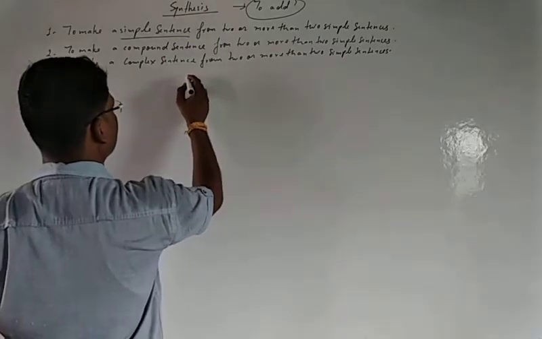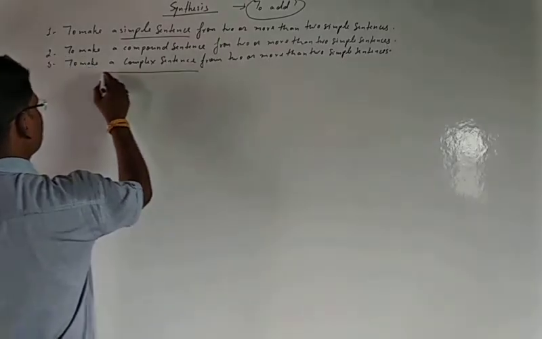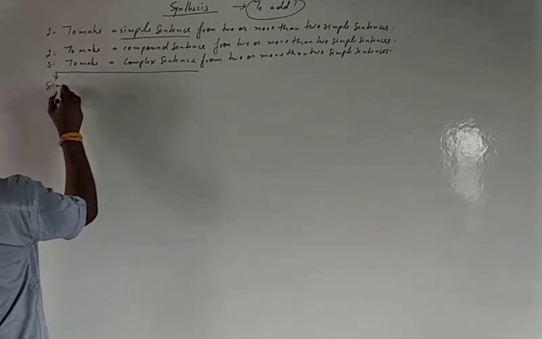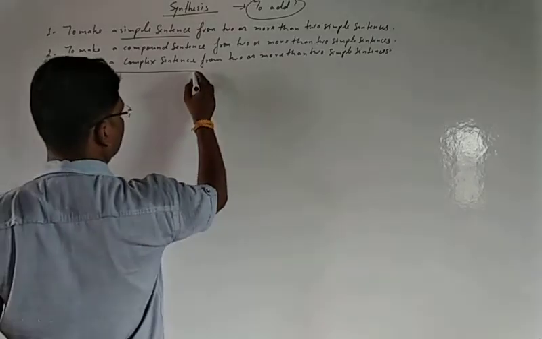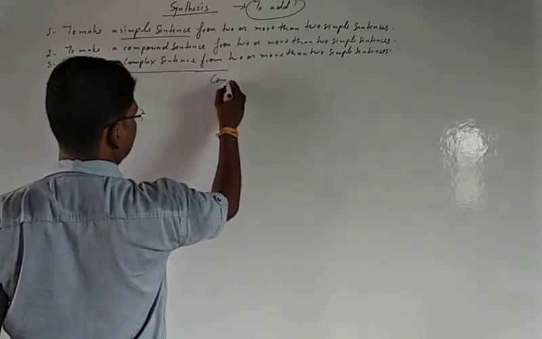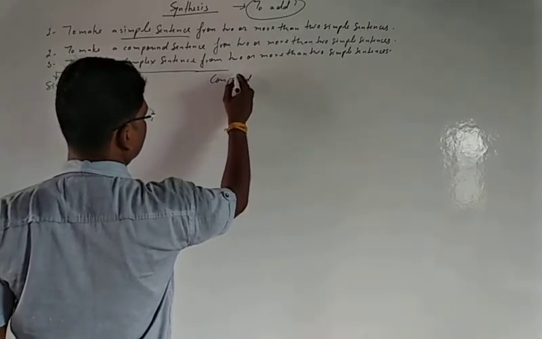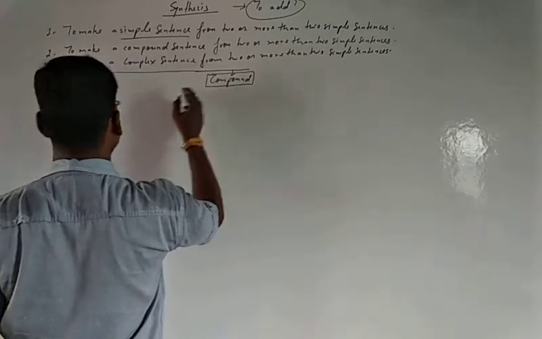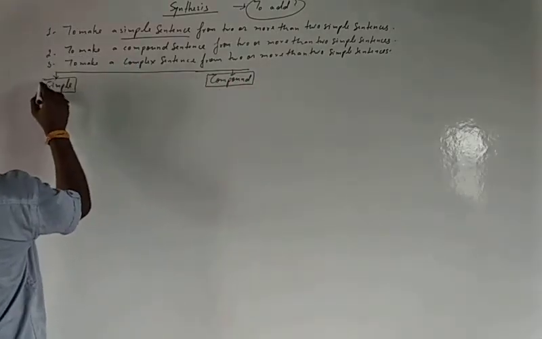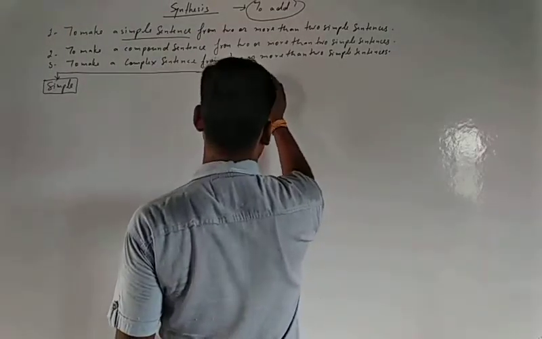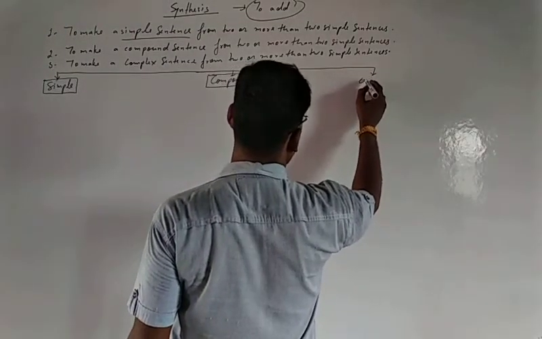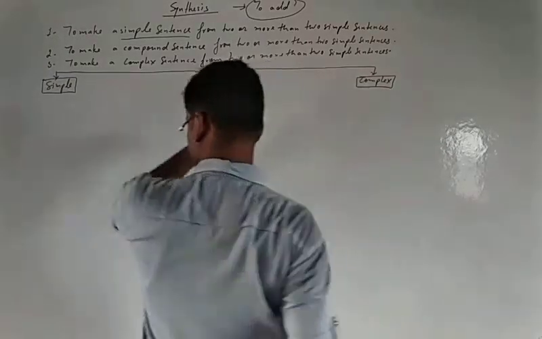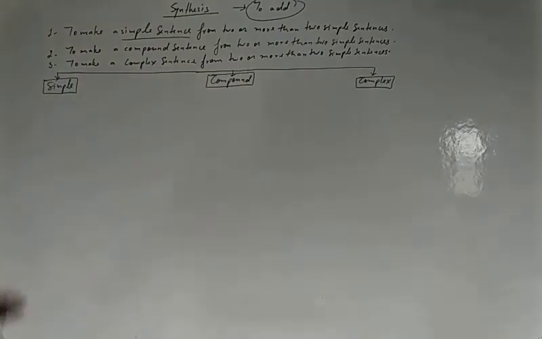How? Simple, compound, and complex. How are they made?